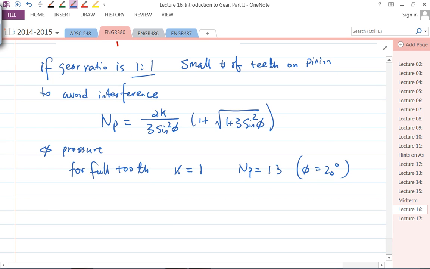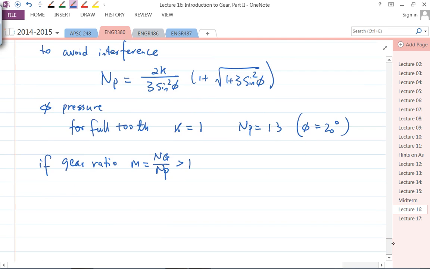Now, if the gear ratio is not 1, okay, let's say we call that m as NG over NP. If it is greater than 1, now your smallest number on the pinion to avoid interference is a slightly different formula now.